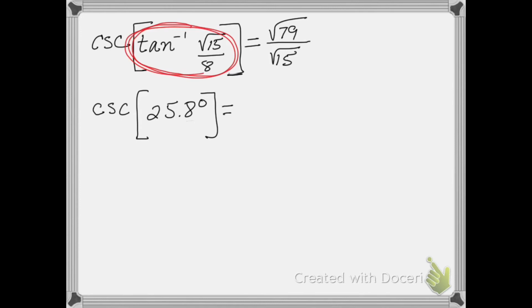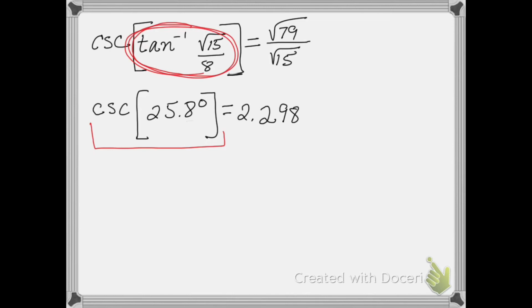And then I've just got this other calculator entry here, right? Cosecant 25.8. So let me do that entry. And that entry gives me 2.98.